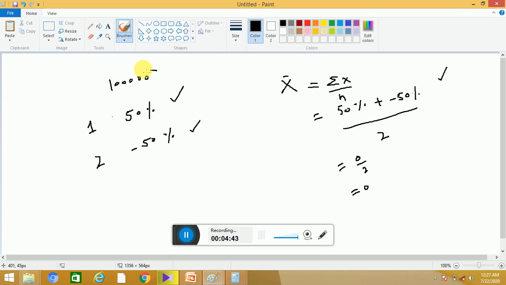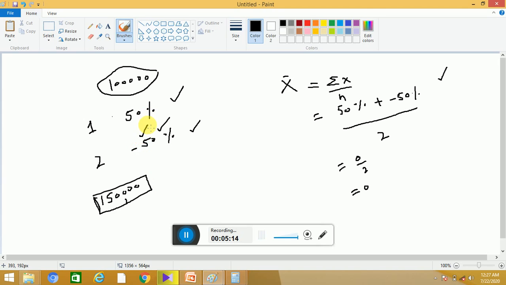Now look at this amount, 100,000. So 50% profit, so after 1 year our amount will become 150,000. Then there is a 50% loss on this 150,000.